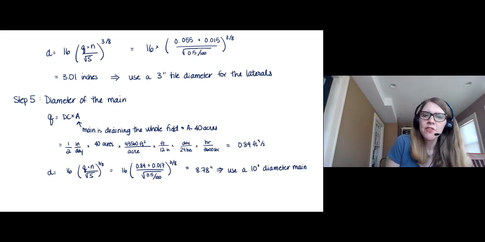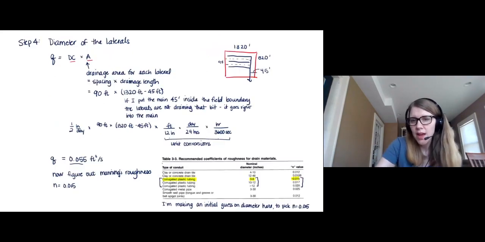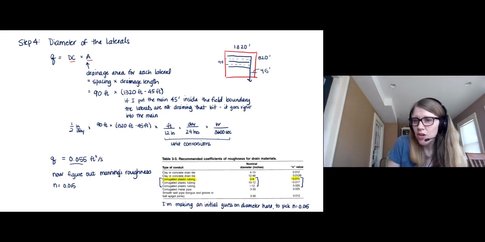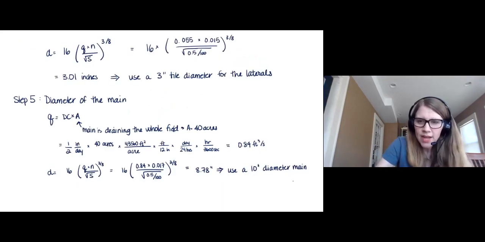All right, so then I put that information in here. Now, in this example, I'm going to say maybe I need a slightly larger tile line. So I'm going to select the 10-inch diameter roughness value, and I would correct that if I was way off later. And I end up with 8.78 inches.